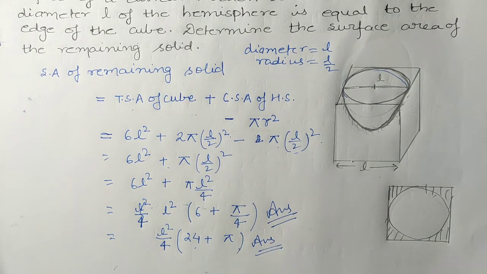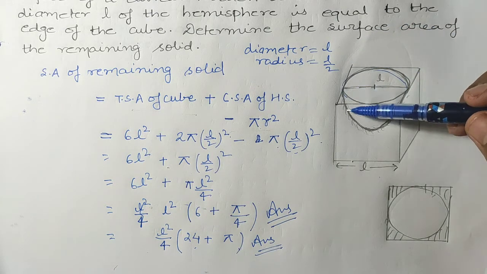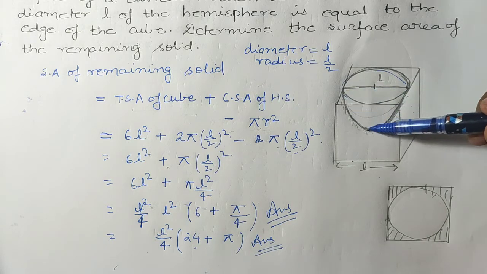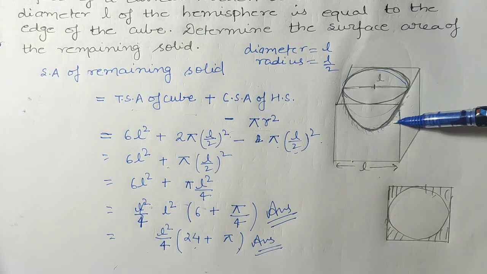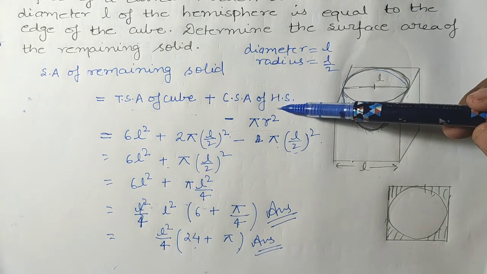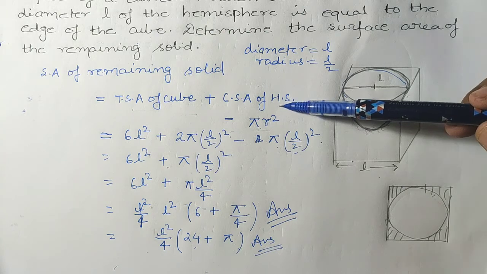The concept was the same as we have seen in the previous question. There, this hemispherical portion was mounted on this cubical block. Here, a depression is cut out. If this is cut out, then this hemispherical wall is generated, and we have to add the curved surface area of the hemisphere.